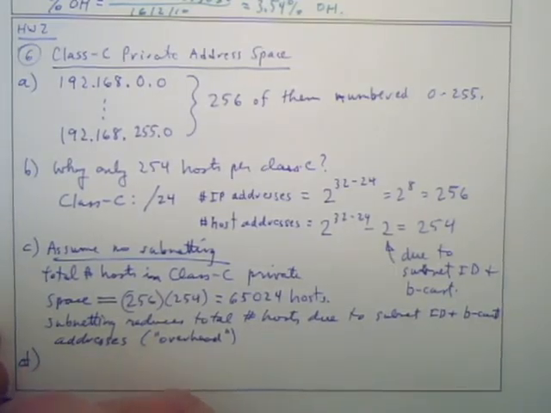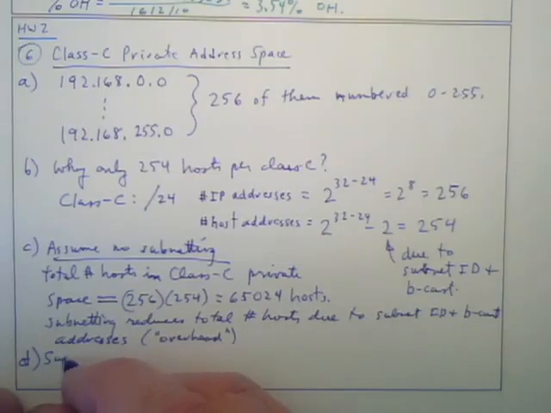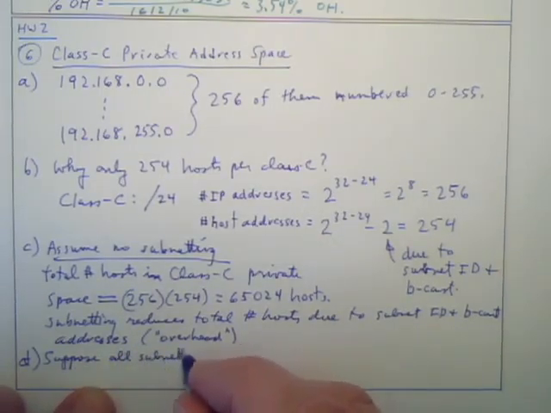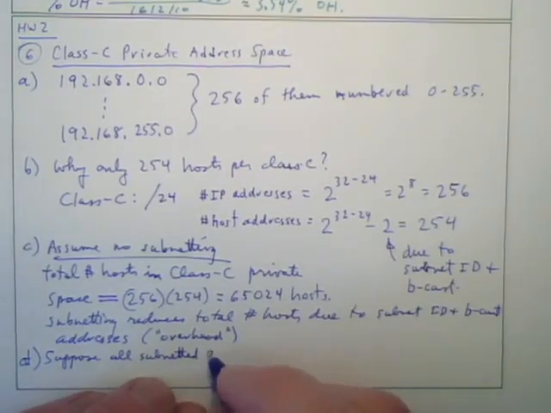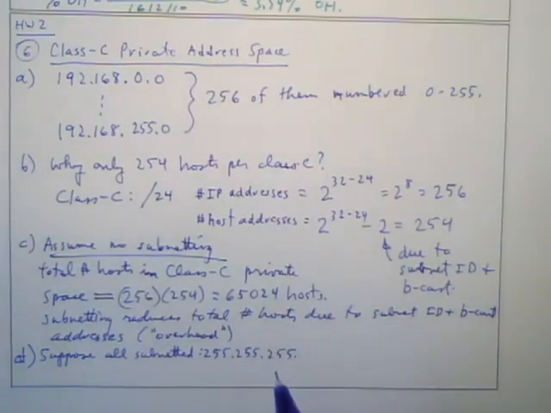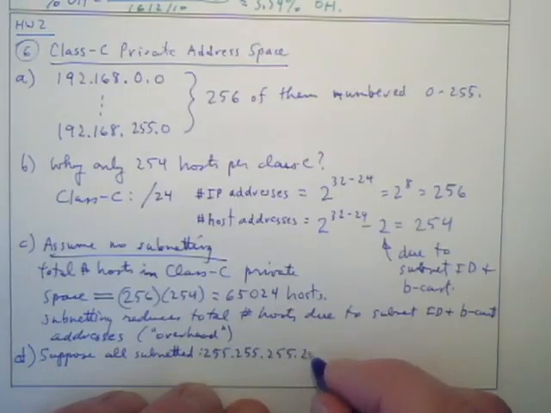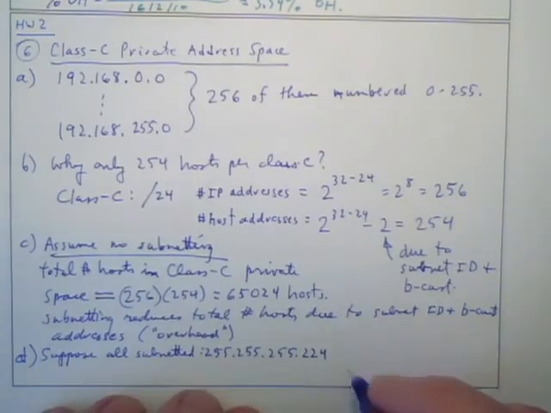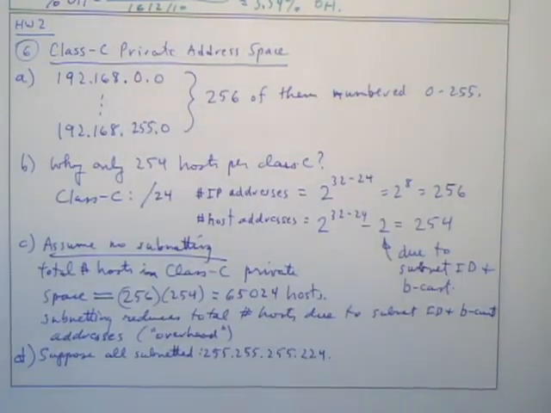Finally, part D says, suppose they all are subnetted with 255.255.255.224. Now the total is different.